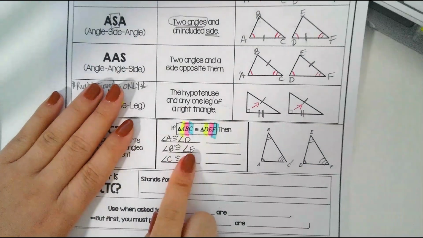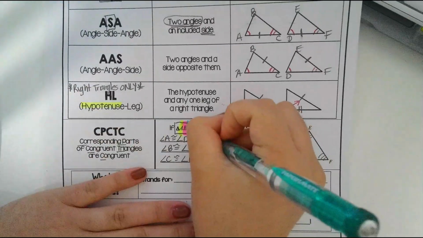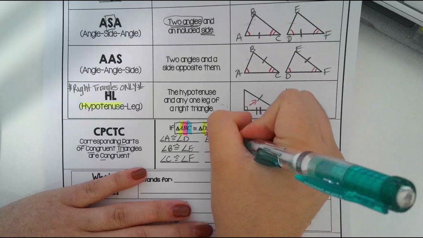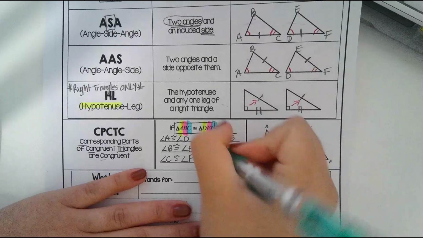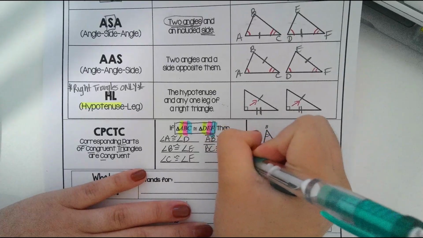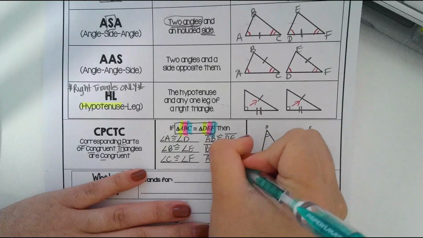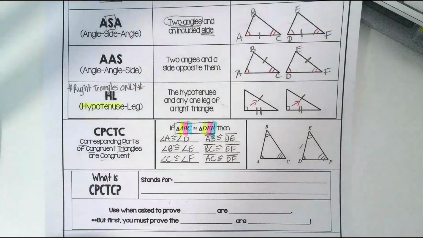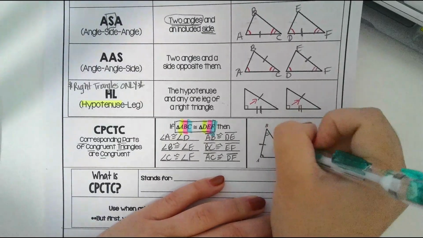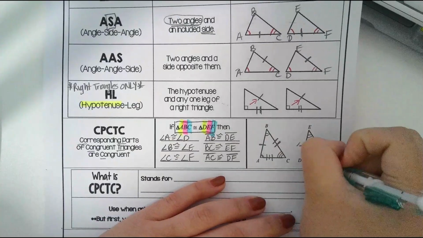And not only are corresponding angles congruent, but also the corresponding sides. So we have side AB congruent to side DE, side BC congruent to side EF, and side AC congruent to side DF. That means side AB is congruent to this one, side BC is congruent to this one, and side AC is congruent to this one.